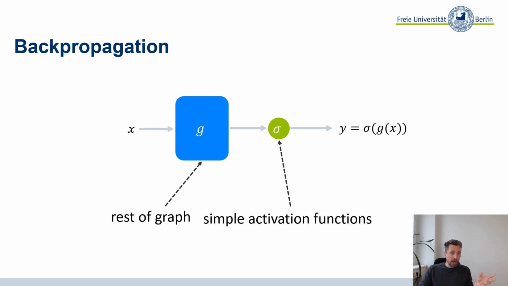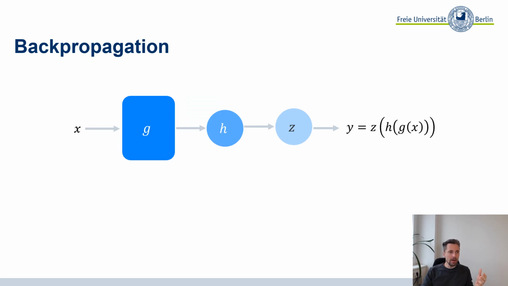So sigma prime of g of x times g prime of x, and now g is a complex network and could be further dissected into simple functions that we know the derivative of.